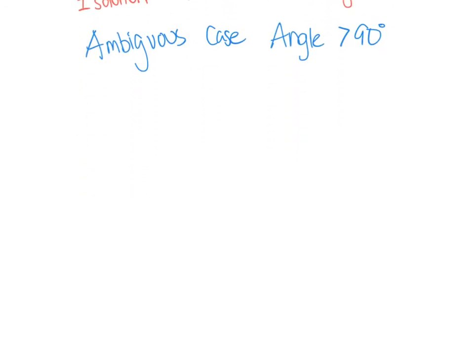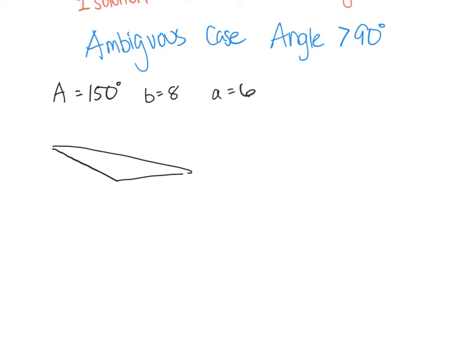So first example, let's say we have angle A is 150 degrees, side length B is 8, and side length A is 6. So if we were to draw that, and I'll try to draw these semi to scale, it may look something like this. So we'll have angle A here, it's 150 degrees, we'll have B here, C over here.